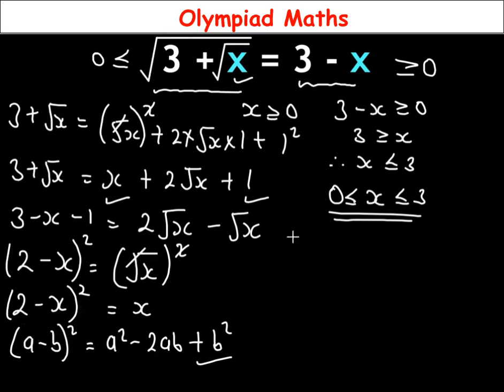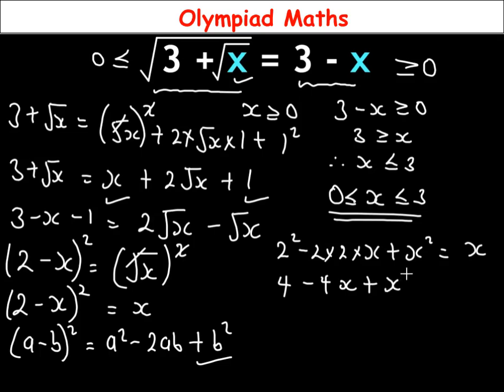So a squared is 2 squared, minus 2 times 2 times x, plus x squared, is equal to x. Now 2 squared is 4, minus 4x, plus x squared is equal to x. We bring x to this side of the equation, such that we have x squared minus 4x minus x plus 4 equal to 0.